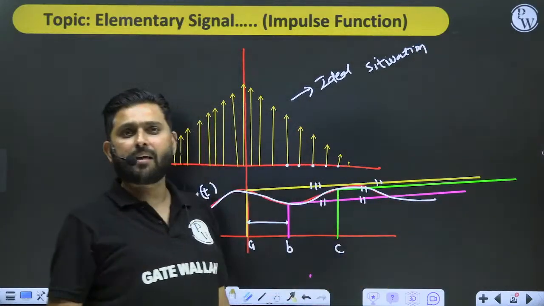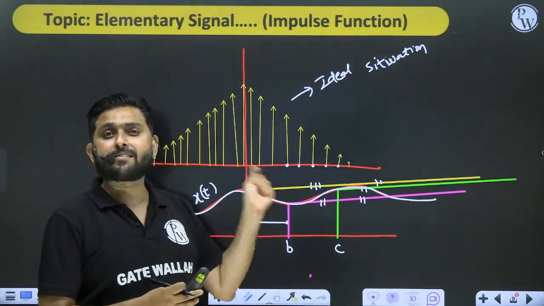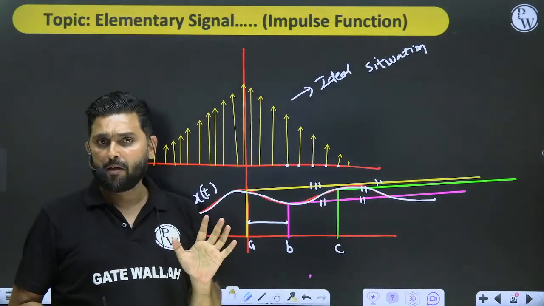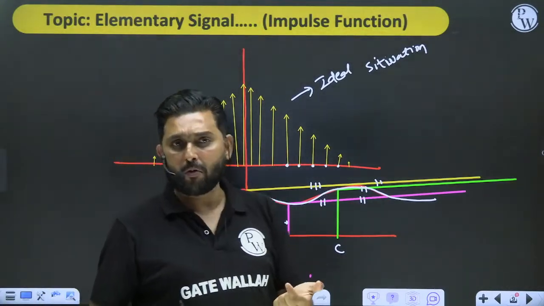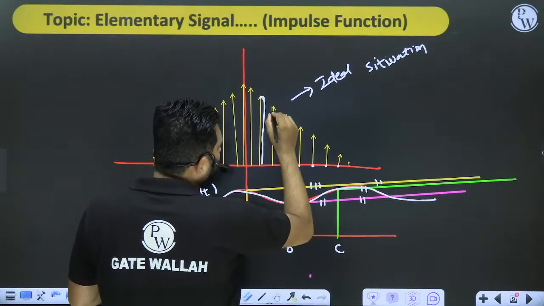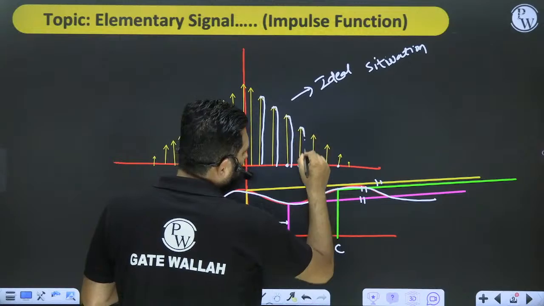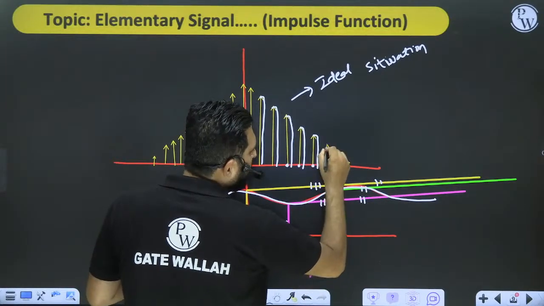But practically, guys, it is not possible that a function exists only for 0 time, meaning it has a width equal to 0. It will have a finite width like this. See, it will have a finite width, and there is a finite error when you write a function in terms of impulse also.